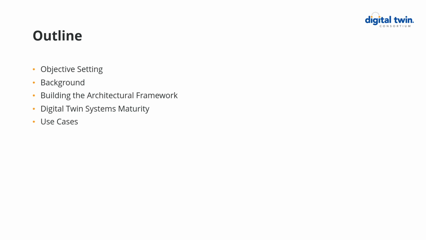So first of all, let me lay out some objectives. The key objective with this framework, and also the paper, was to lay out something that is easy to consume and can be consumed by anyone in an organization, whether you are an engineer or whether you are leading that organization.